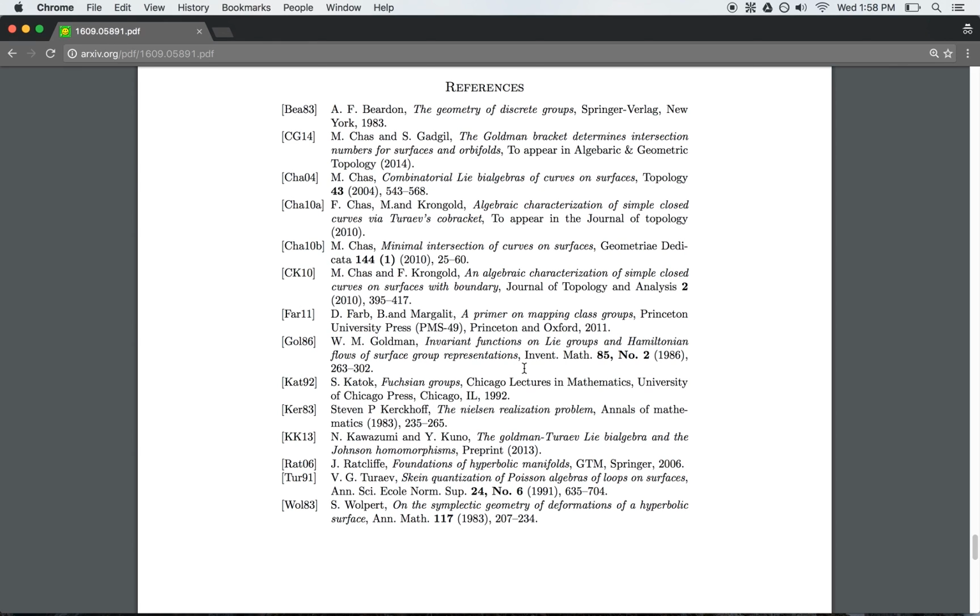Foundations of Hyperbolic Manifolds, Ratcliffe, 2006. Skein Quantization of Poisson Algebras of Loops on Surfaces, Turaev, 1991. On the Symplectic Geometry of Deformations of a Hyperbolic Surface, Wolpert, 1983.